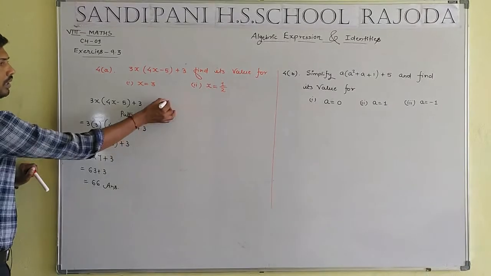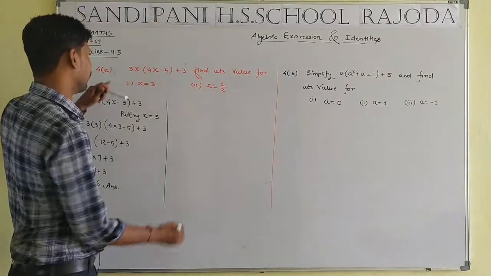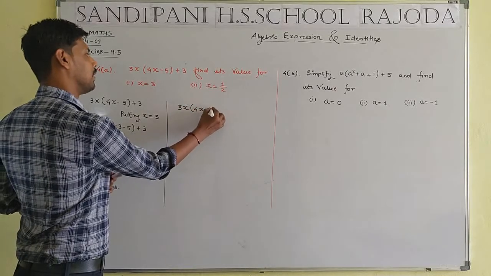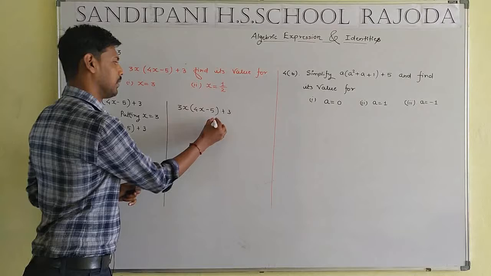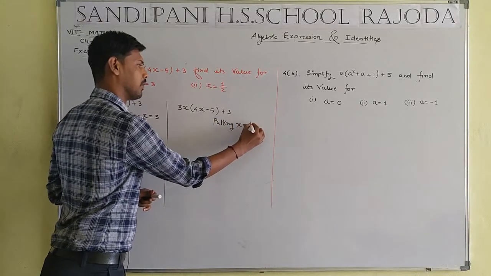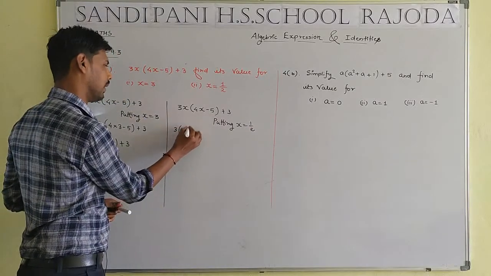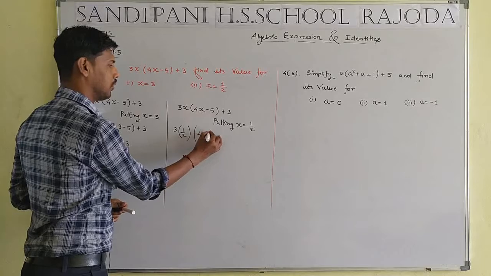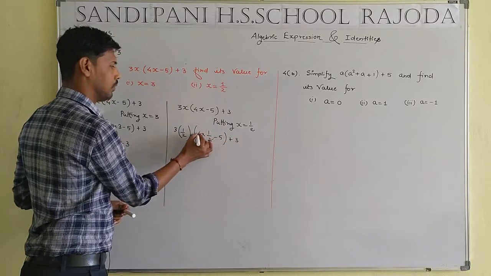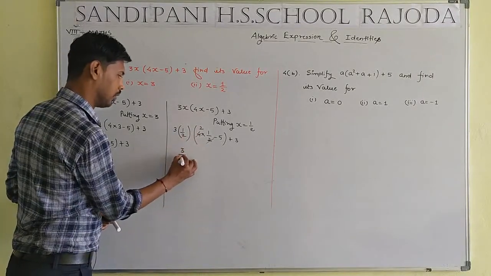Okay student, now we are taking the second part of the question, when x will be equal of 1 by 2. We have polynomial 3x 4x minus 5 plus 3, putting x will be equal of 1 by 2, such that 3 into 1 by 2, 4 into 1 by 2 minus 5 plus 3. 2 1 ja 2, 2 2 ja 4, such that 3 by 2.